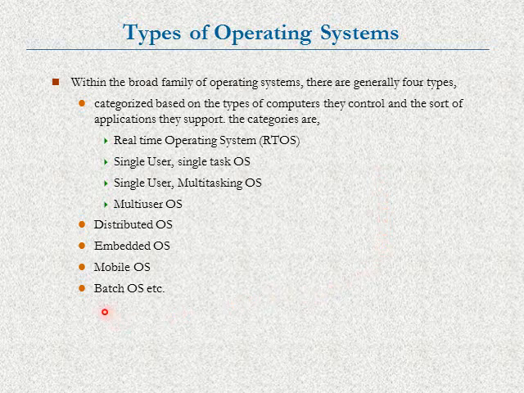In the very same manner, a batch operating system is an operating system where we have a list of operations that are executed one after the other. They are stored together. They are not executed in real time or at the moment, but they are stored for later processing. Let me give you an example of this.